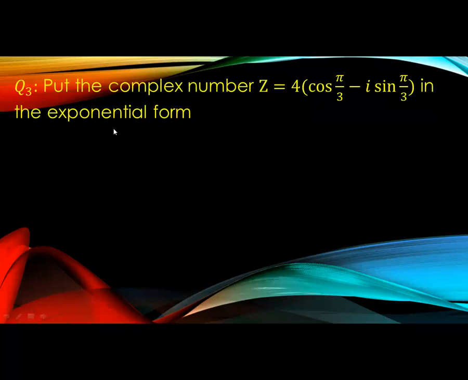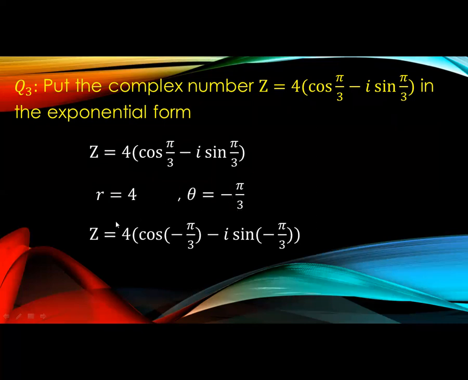Exercise number 3: put the complex number z equals 4 cosine pi over 3 minus i sine pi over 3 in the exponential form. So z equals 4 times cosine pi over 3 minus i sine pi over 3. R equals 4 and theta equals negative pi over 3.